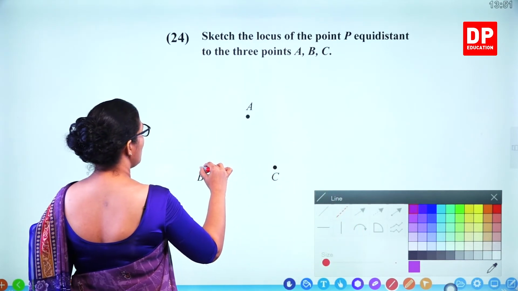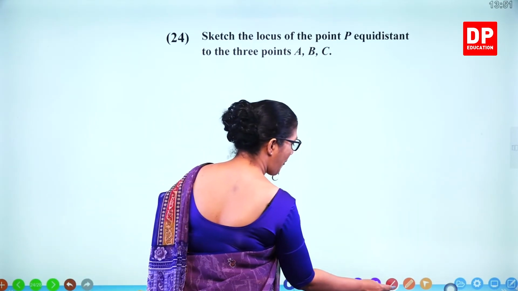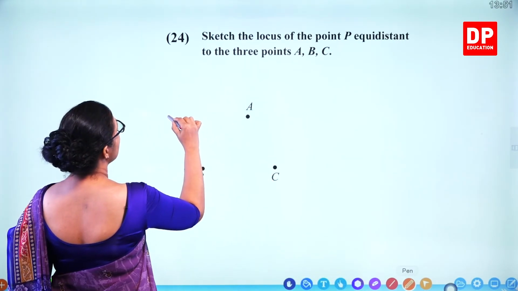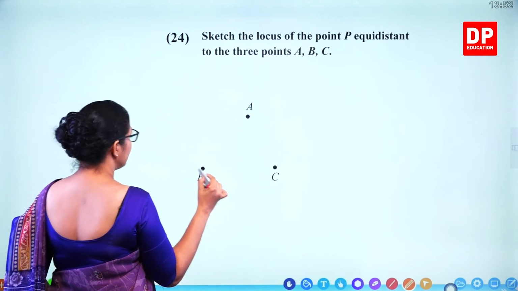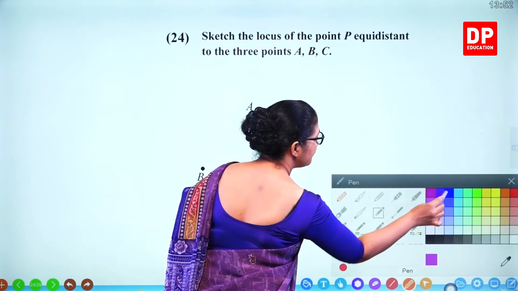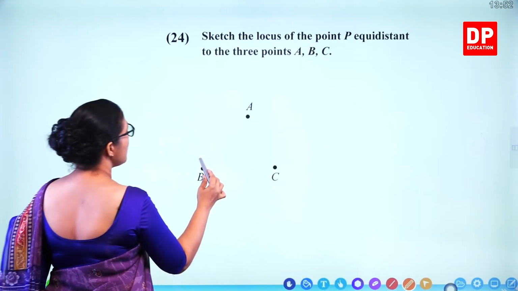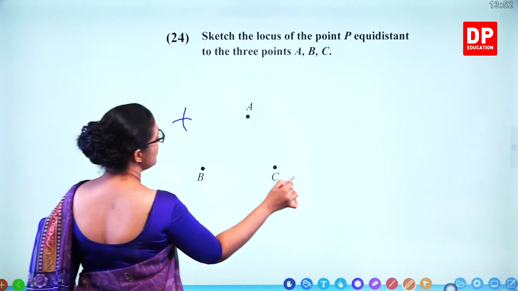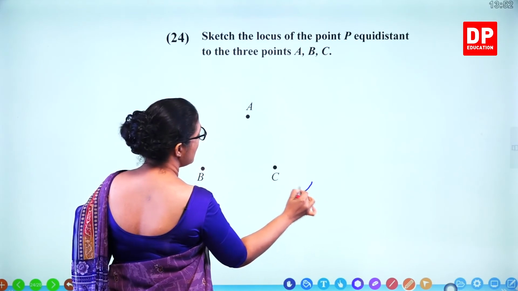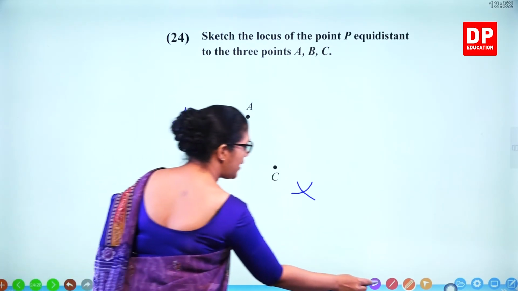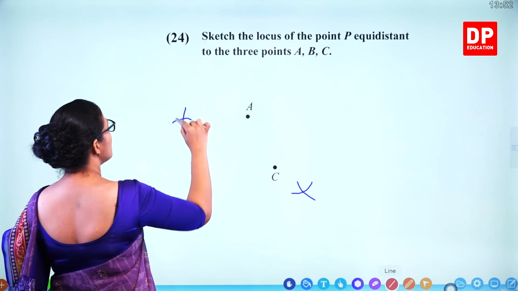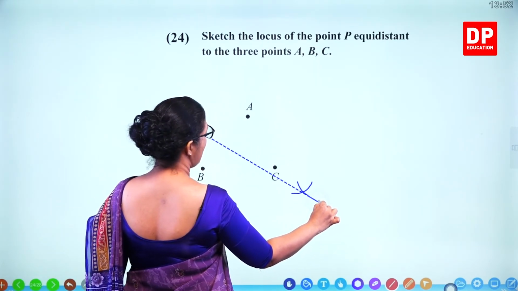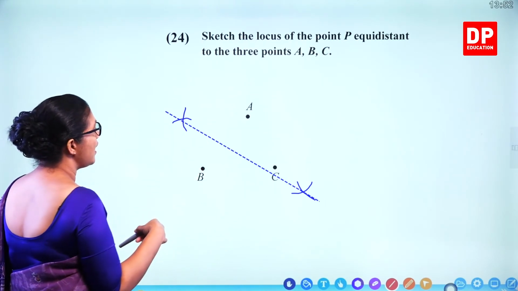So you take the compass and draw an arc here, do the same thing, and draw the perpendicular bisector to A and B. So here we say this is the perpendicular bisector to A and B.